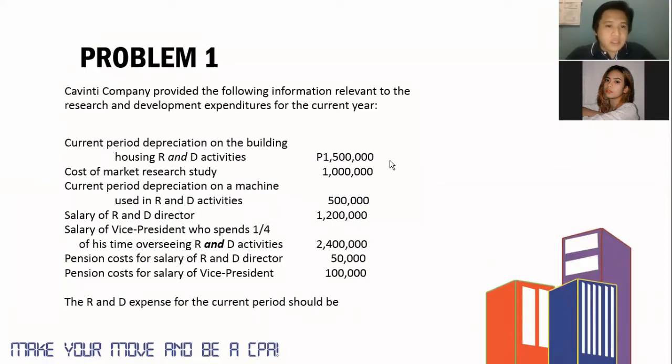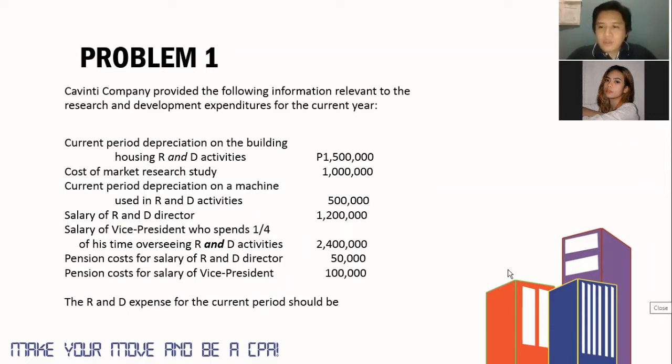Market research study, 1 million. Current period depreciation for R&D, 500,000. Salary of R&D director, 1.2 million. Salary of vice president, who allocates 1/4 of his time on research and development. Pension costs for both R&D director and vice president.